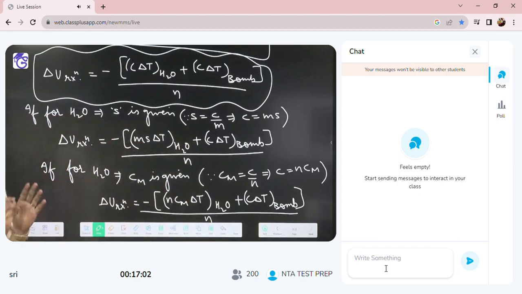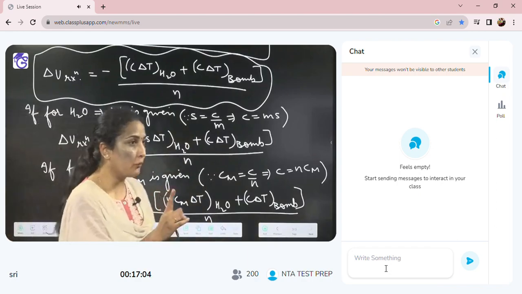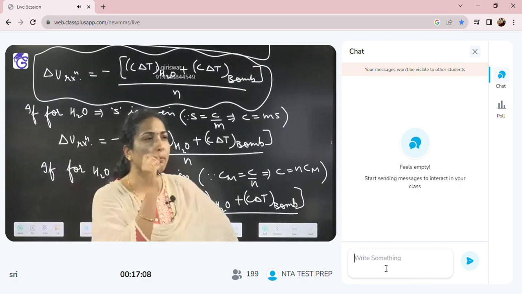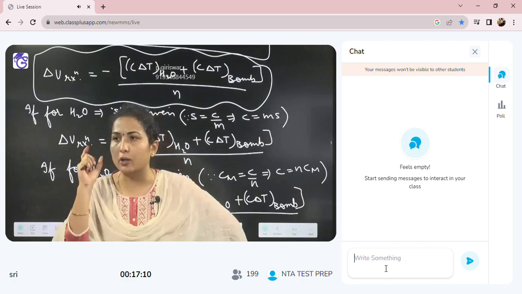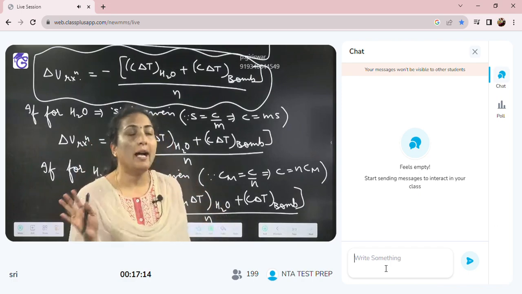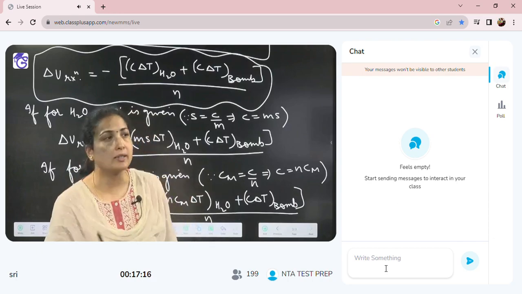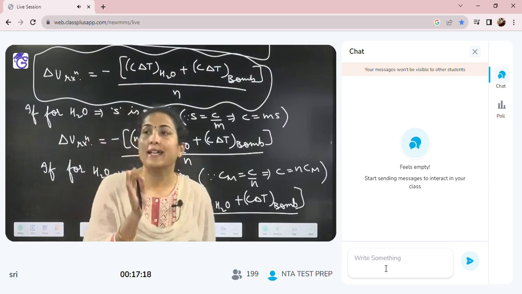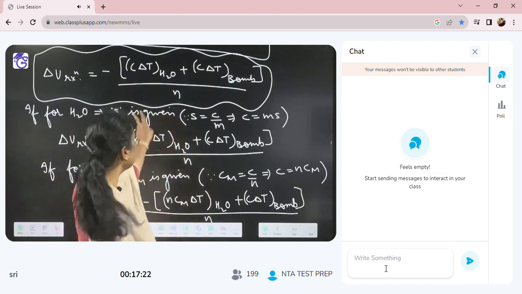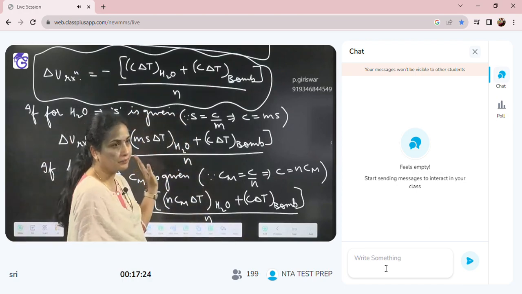See, if you ask me to remember one particular formula in calorimeter, simply remember delta U is equal to minus C delta T of the calorimeter system divided by N. That's your main formula. And why I have given you the rest of the formulas: if the examiner gives you heat capacity of water separately, heat capacity of bomb separately, then please separate that system and write it.